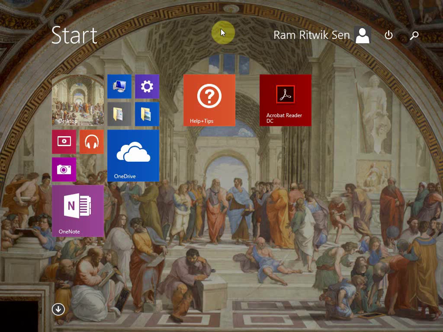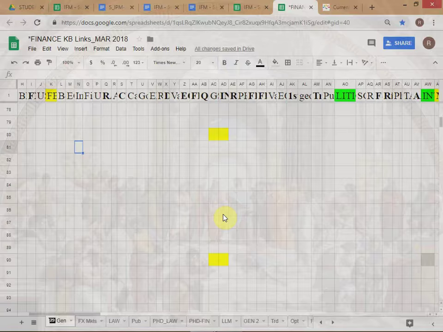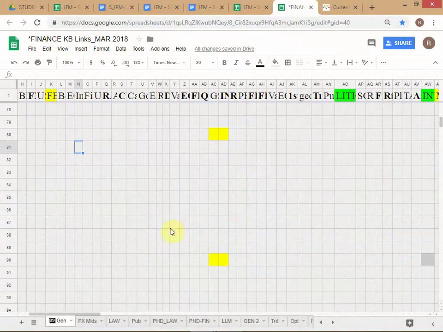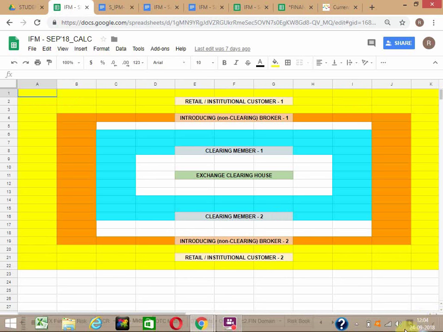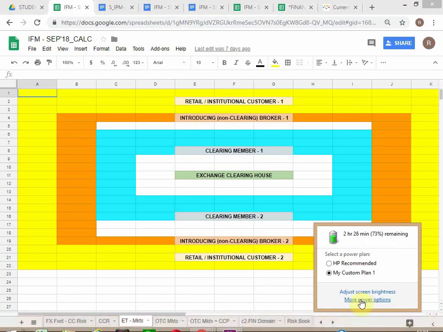You said sleep. Okay. Even I forgot the power options. I didn't want to do this because I didn't want to waste time. Who knows how to do this? Set the sleep. You know how to do it? Just set the sleep. Click on this, then go to adjust more power options.